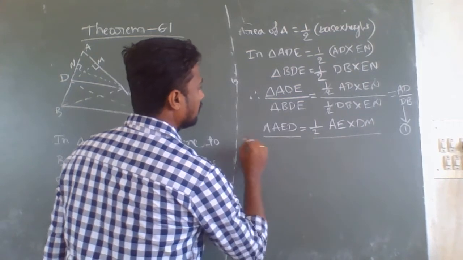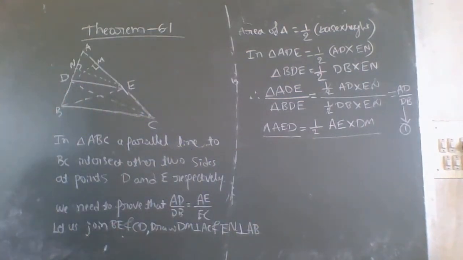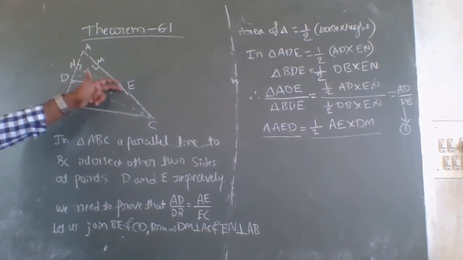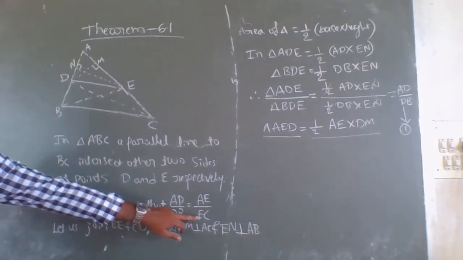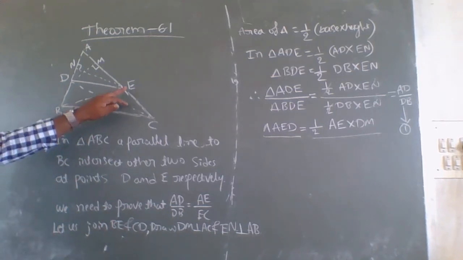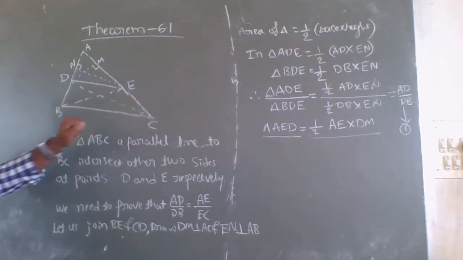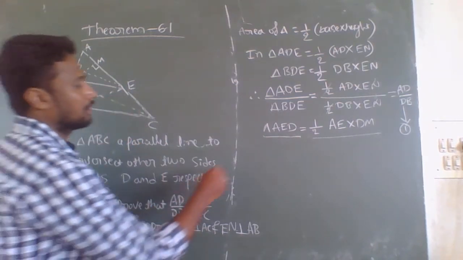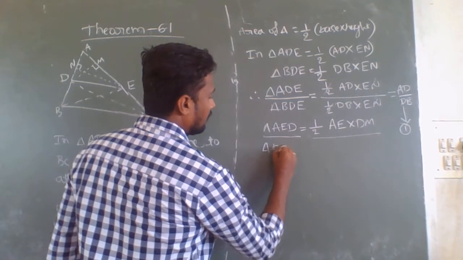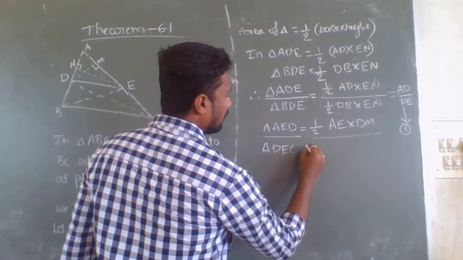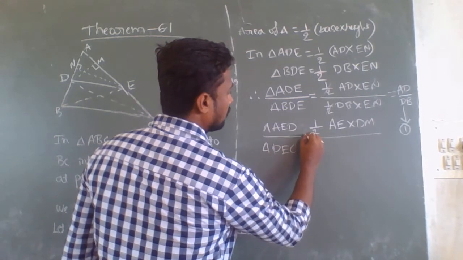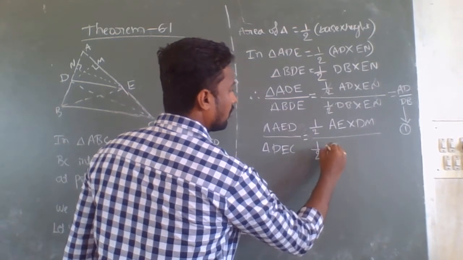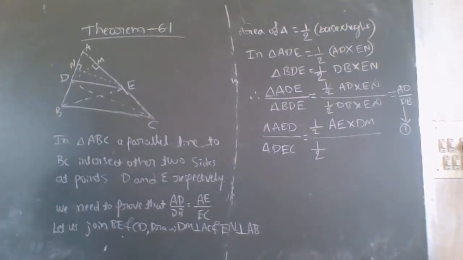Divided by, I will consider another triangle, because I have to consider the ratio of AE by EC. Therefore now I will consider EC as the base here. To consider EC as the base, I will consider triangle DEC. Triangle DEC is equal to 1 by 2 into base into height.